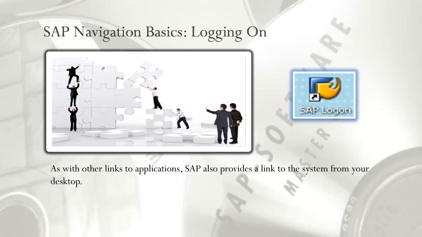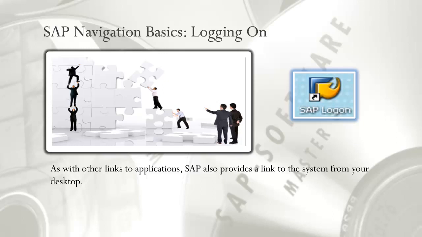Let's now take a look at how we log on to an SAP system. The system establishes a connection between your PC and the server via a network. There are a few steps that must be completed to establish this connection.